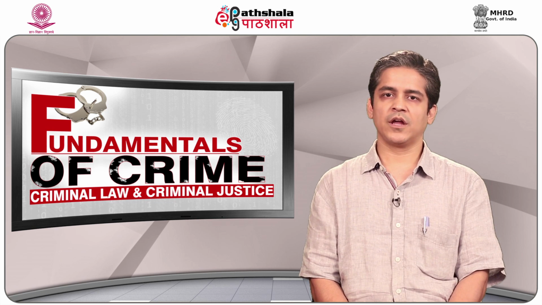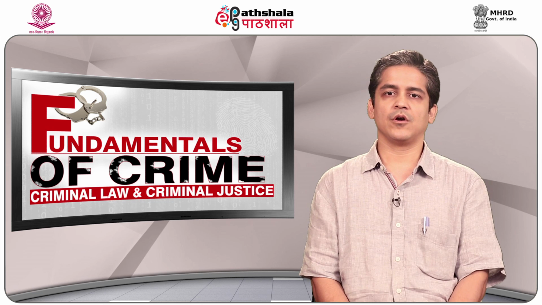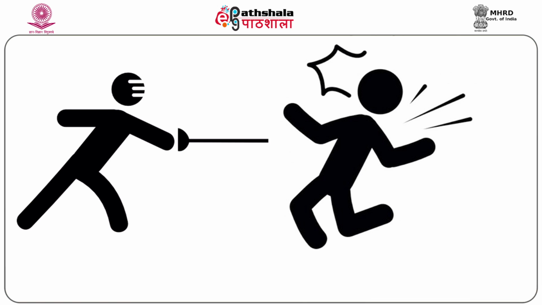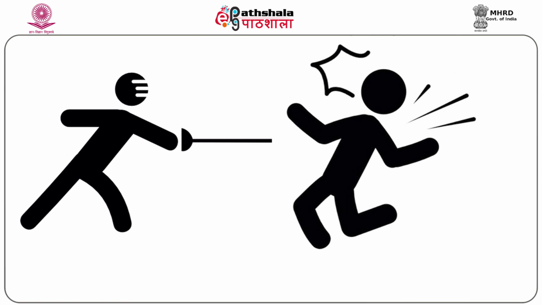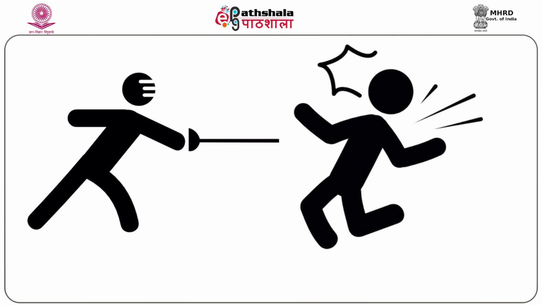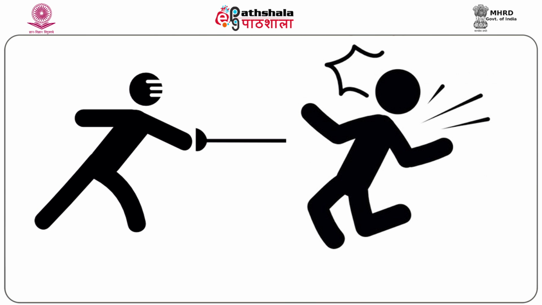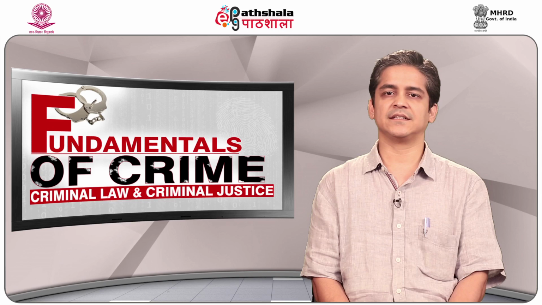X, looking to beat up Y, smashes an iron rod on his chest. Broken ribs of Y pierce his heart and he dies. Here, what needs to be established is that X intended to smash the iron rod in Y's chest, and that in reality such bodily injury is likely to cause death.